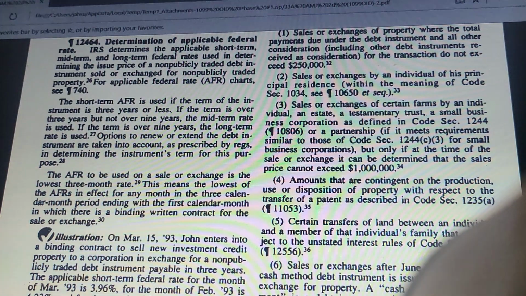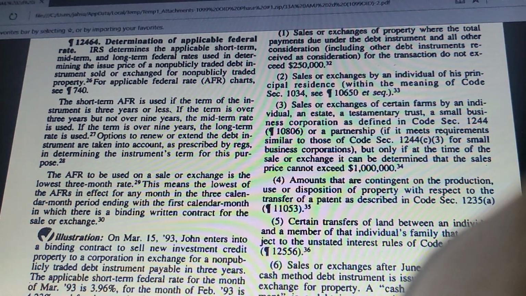Sales or exchanges by an individual of his principal residence (within the meaning of Code Section 1034, 10650 at the sequence). 3.